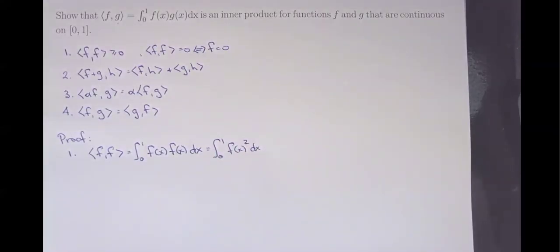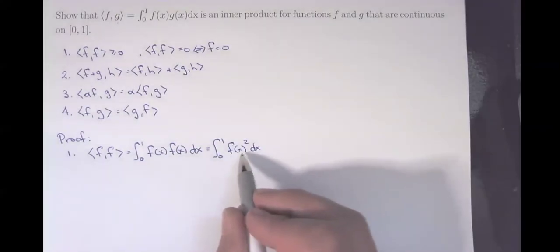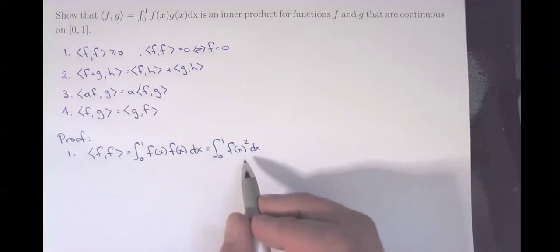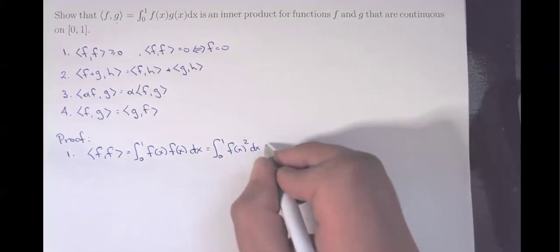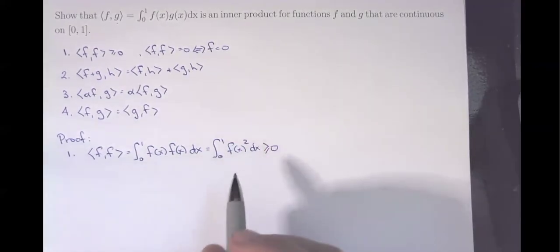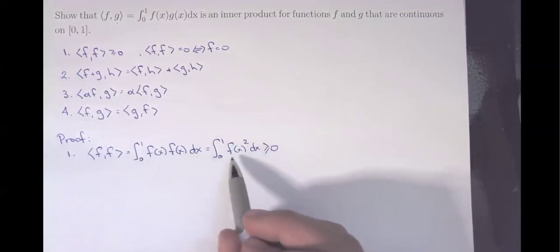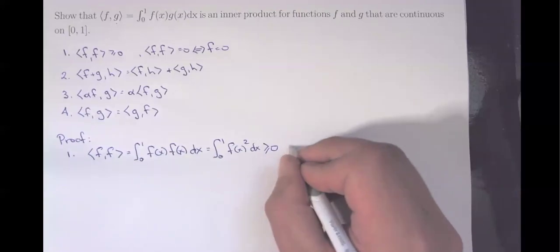And of course, because this is squared, this thing is always going to be positive on [0, 1]. So this is greater than or equal to 0. And in fact, we can say more, that the only time that this is ever equal to 0 is when f is equal to 0.